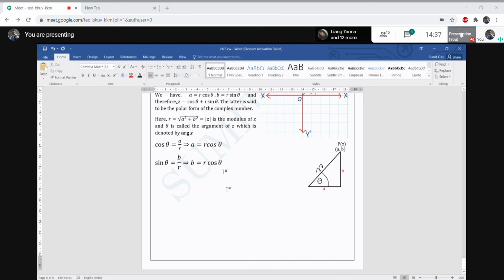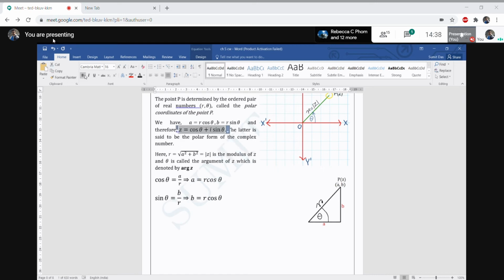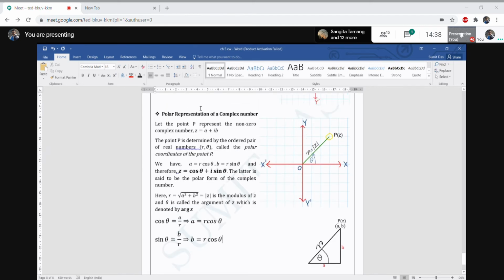So that's where this came from: a equal to r cos theta and b equal to r sin theta. Therefore, if you just replace a and b, we will get z equal to r cos theta plus i r sin theta.